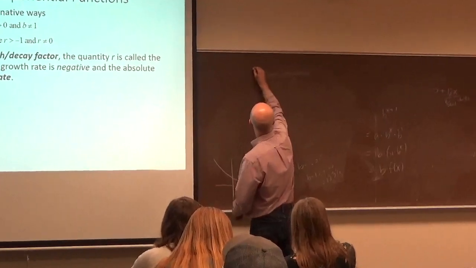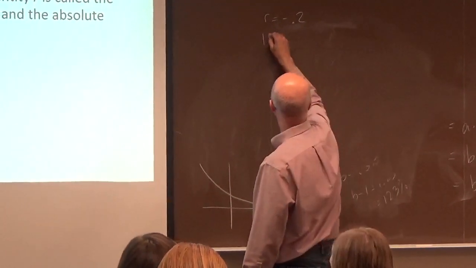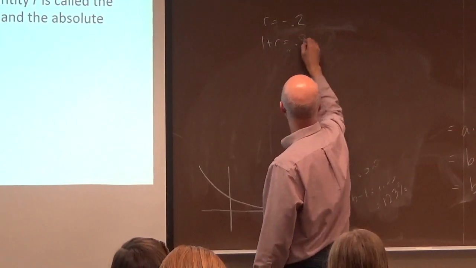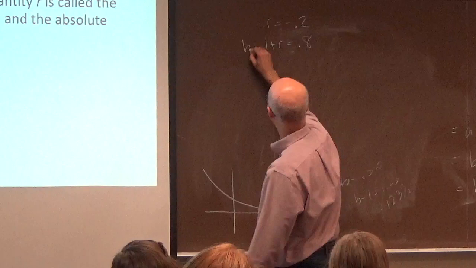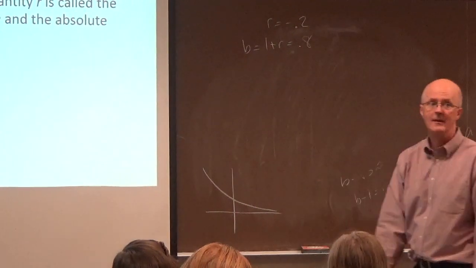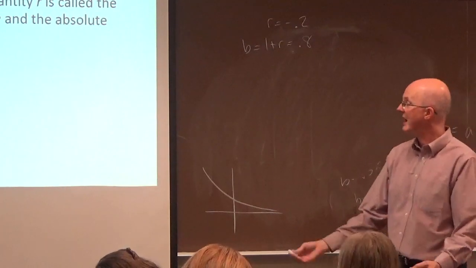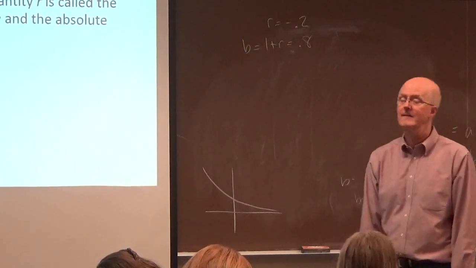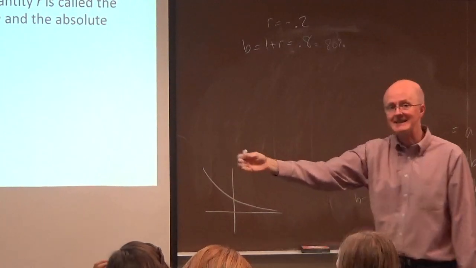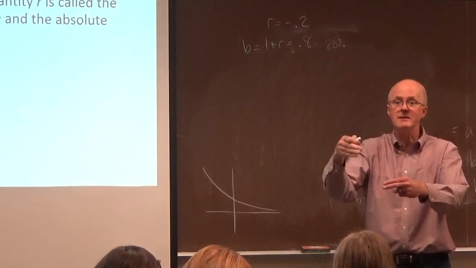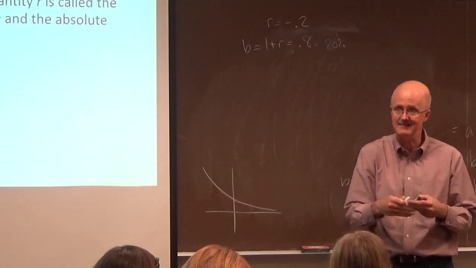if r is like negative 0.2, then 1 plus r is going to be positive 0.8. That's going to be the same as b. You'd say the growth factor in that case, slash decay factor, is 80%, which means that as x increases by 1, the output changes by 80%, which means it goes down, it decays.